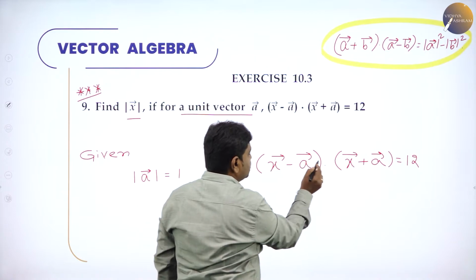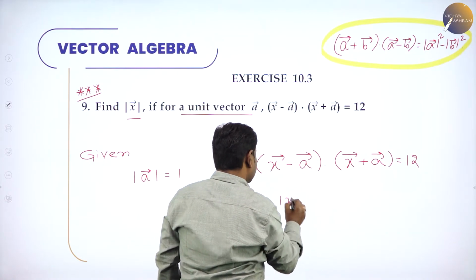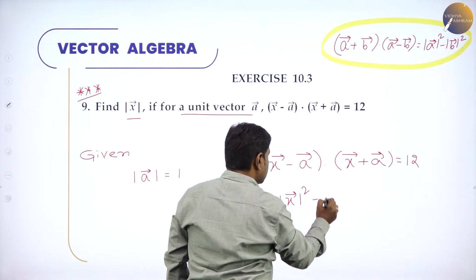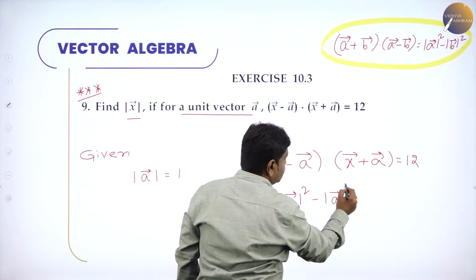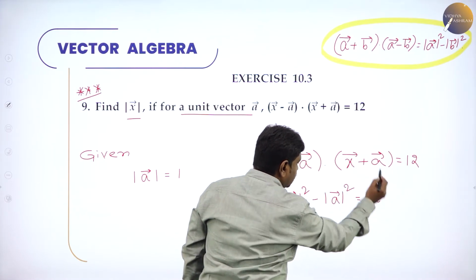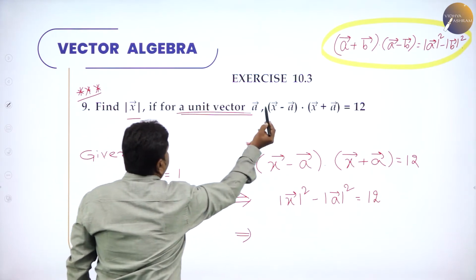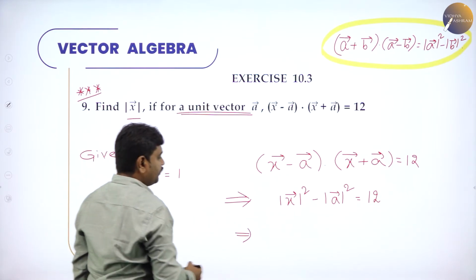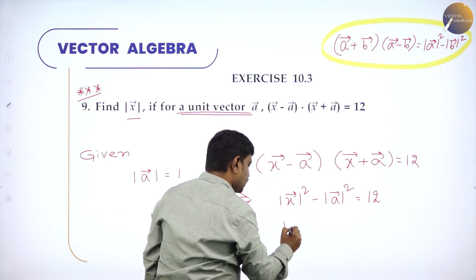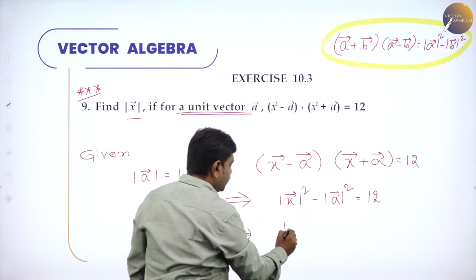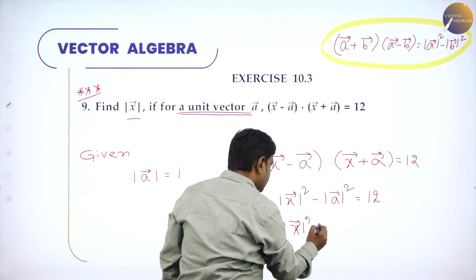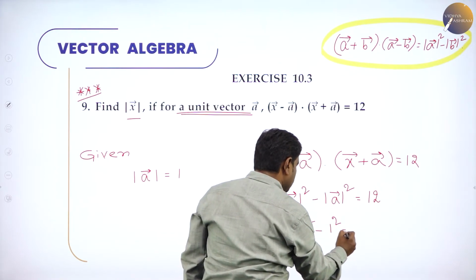So vector x minus A dot vector x plus A can be written as magnitude x square minus magnitude A square is equal to what? 12. And further they give A is a unit vector. A is a unit vector means magnitude of A is 1. So this is magnitude x square minus magnitude A, which is 1, 1 square is equal to 12.